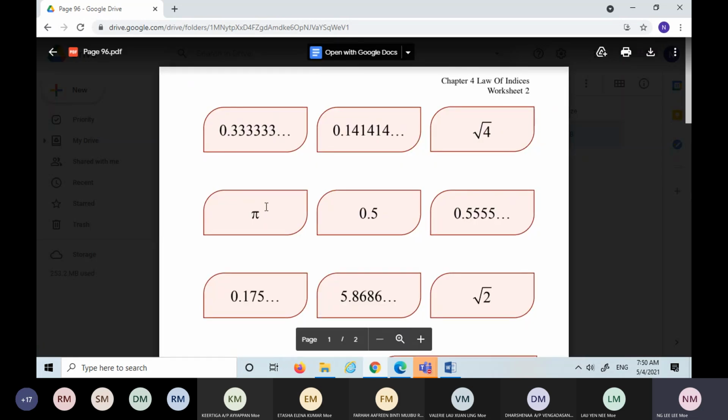Maybe you have to copy a little bit, and then build the table.